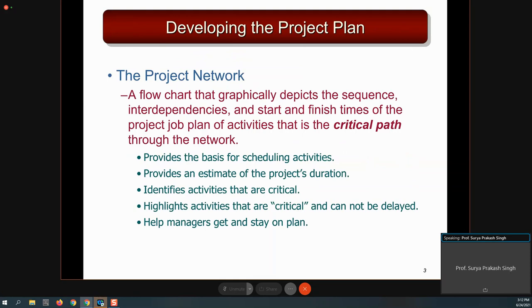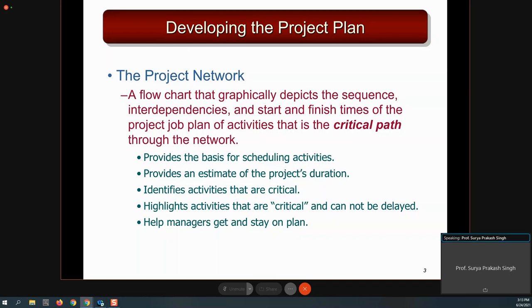Okay. So let me go ahead. Like the project network. Generally when we draw the network, it looks like some kind of flowchart. It is drawn graphically, and it will tell you the sequence of the activities. This activity comes after this activity. This activity will start once that activity finishes, or this activity cannot start unless that activity is over.